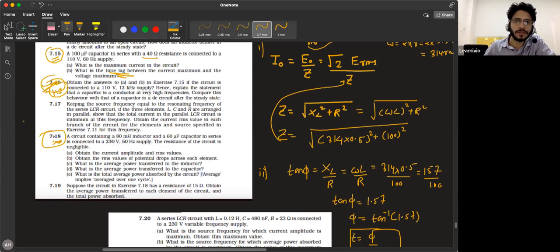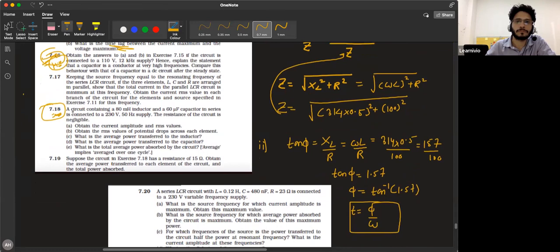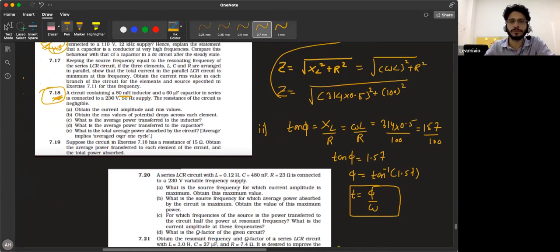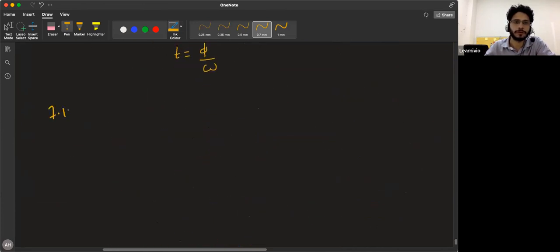So which circuit is this in 7.18? It is an LC circuit.